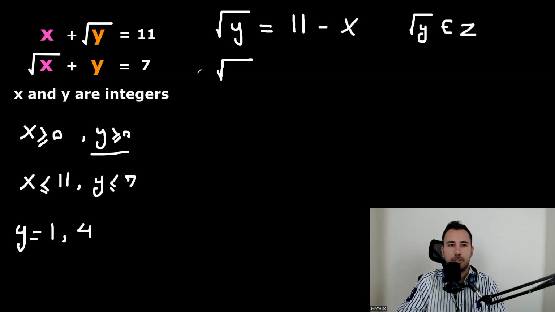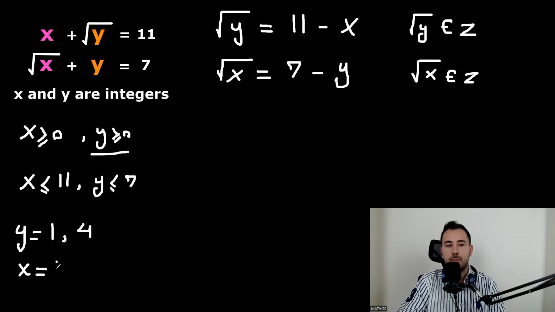Okay. Let's go on and do the same thing for x. Square root of x equals 7 minus y. I think you get the idea now. So for the same reason, y being an integer, the square root of x is also an integer. So x cannot be 2, 3, 5.